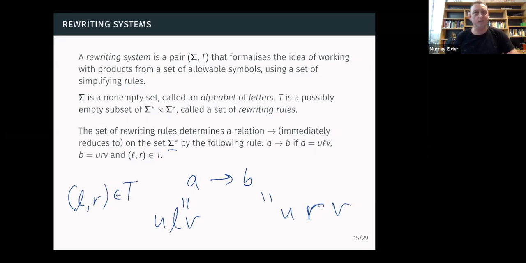So it's a rewriting rule. You take a string, and if you see one of the left-hand sides of the rule, you can replace it by a right-hand side of the rule. So no other restrictions at the moment. So if RL was also in T, I could apply that. And I could just keep going forever, which would be kind of useless.